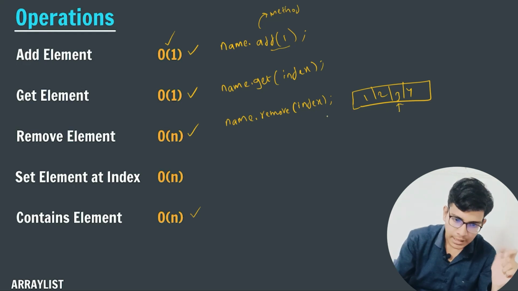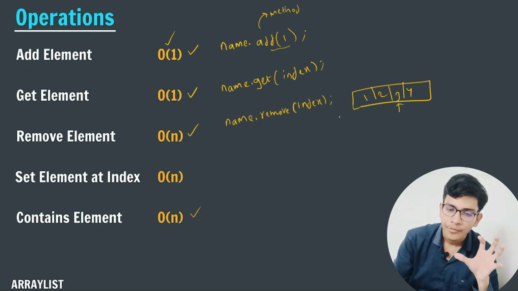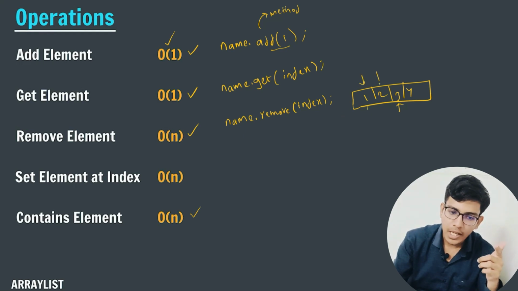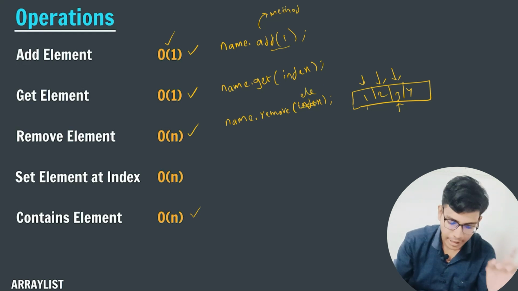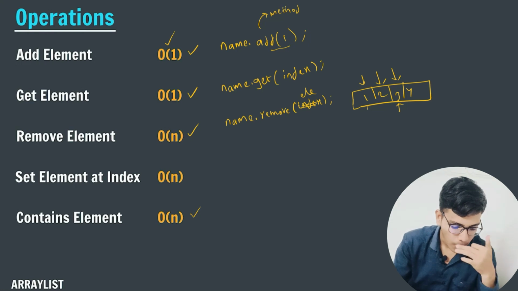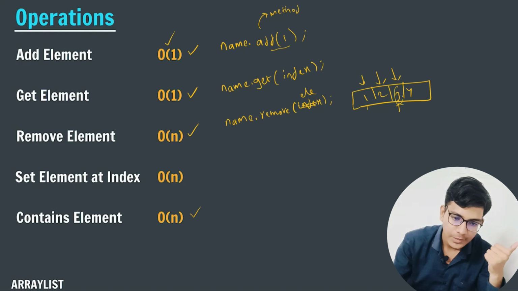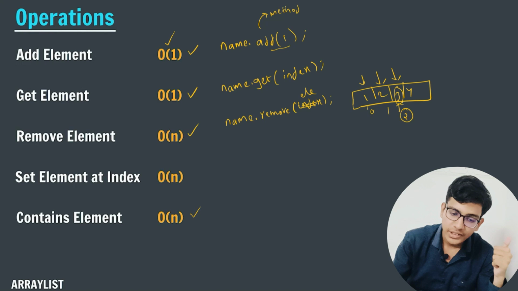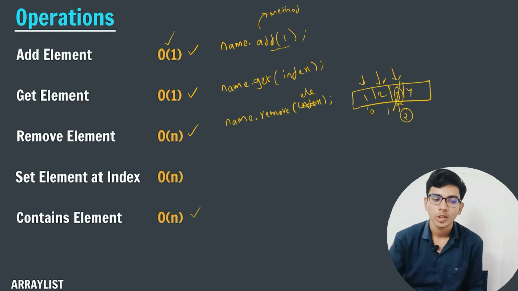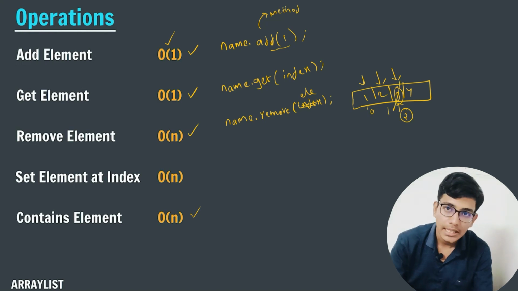The function in my class will go through each element and look at the given element. Here I need to pass not the index, I need to pass the element. Suppose I want to delete the element at index 0 1 2, so at the second index I will remove this. This is how removal of a particular element works.